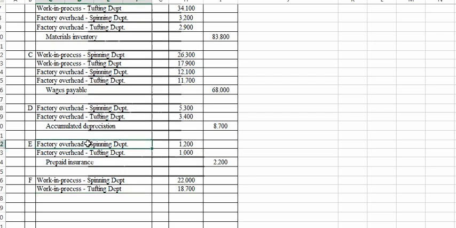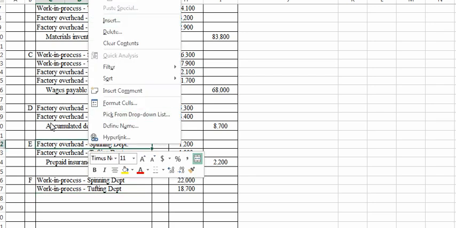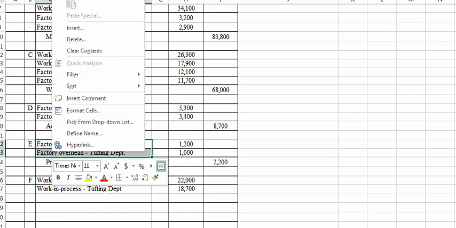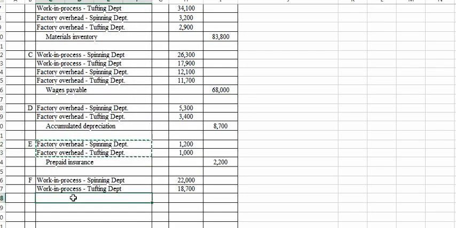So we're going to credit our factory overhead accounts here. Okay, $22,000 for the spinning department and $18,700 for the tufting department.